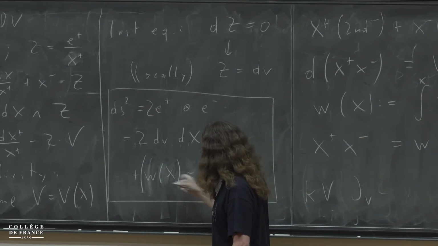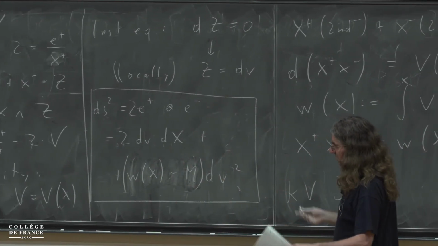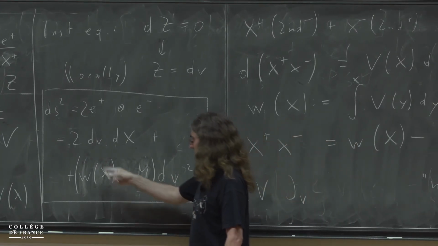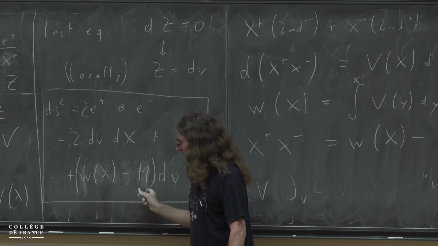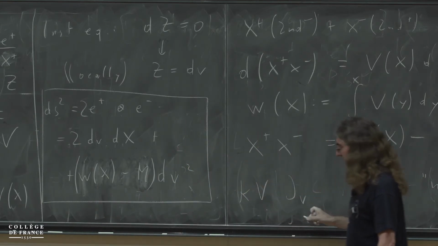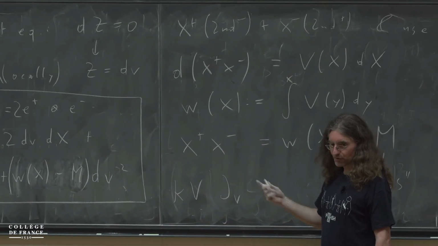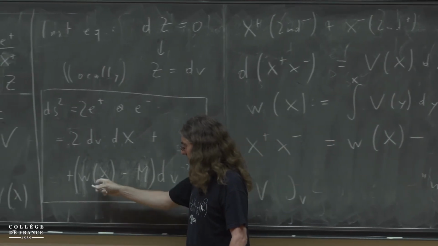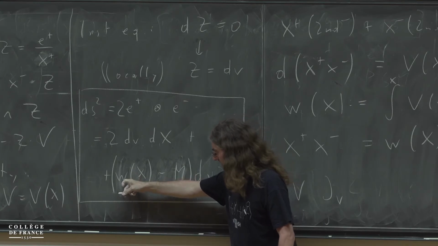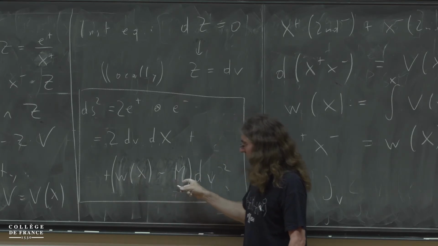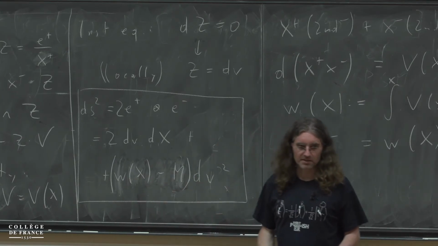Moreover, this quantity in parentheses is not just some function that appears in some arbitrary gauge. It has a gauge-independent meaning as the norm squared of this Killing vector. Therefore, you can give this a nice geometric interpretation, namely the zeros of this quantity, so if w of x minus m vanishes, correspond to Killing horizons.